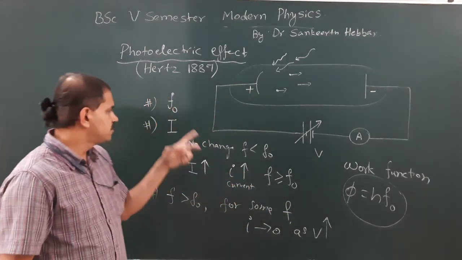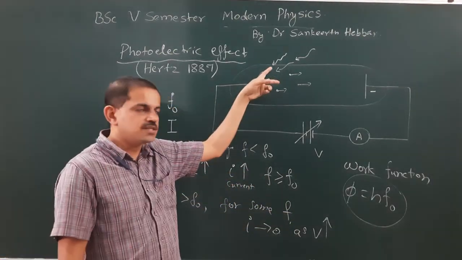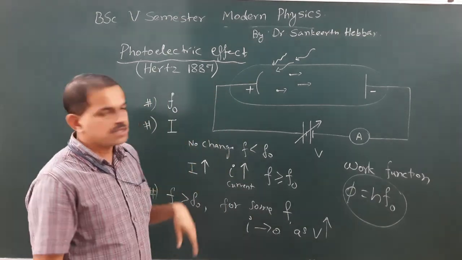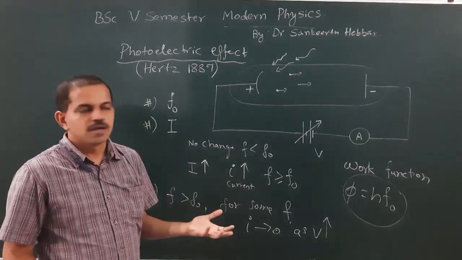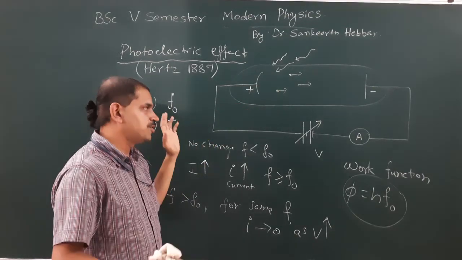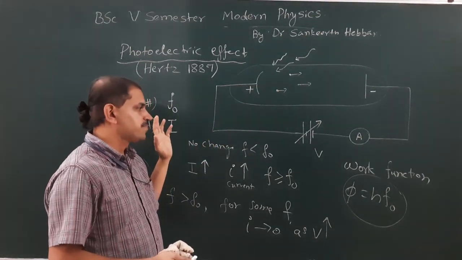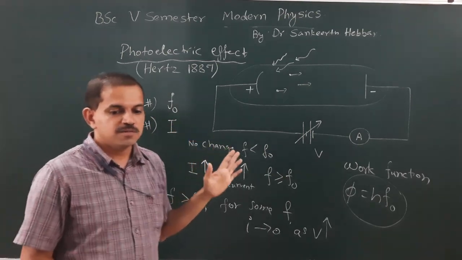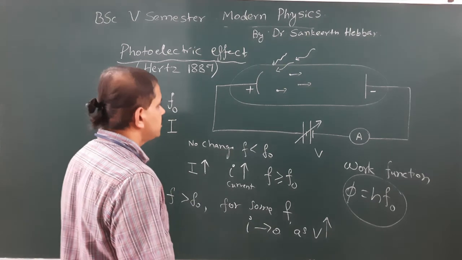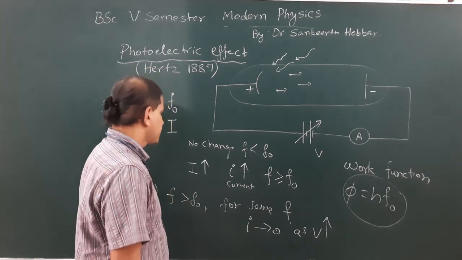If the frequency of the radiation is less than f naught, even if you give an infinite amount of energy through intensity, it is not going to help, because as per the quantum theory, that is not going to pull the electron out of the metal surface.